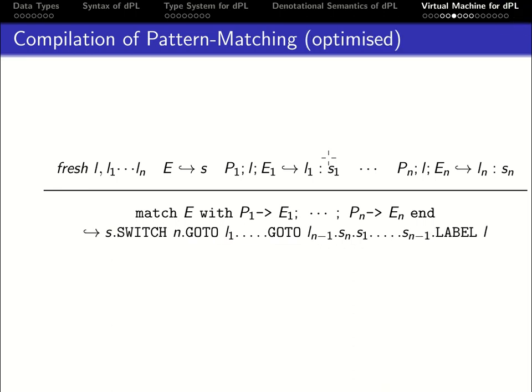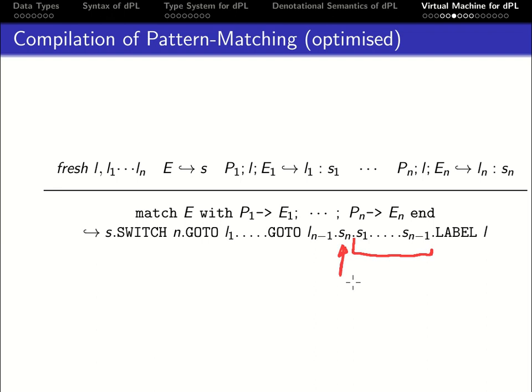Okay? So what I did here is, instead of putting here go to Ln minus 1, I've changed the order. I put Sn here and S1 up to Sn minus 1 here, right? So then for the last step, it executes faster, right? I don't jump twice.